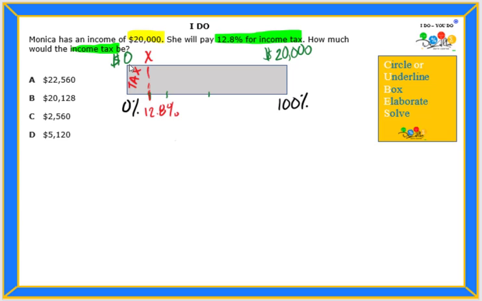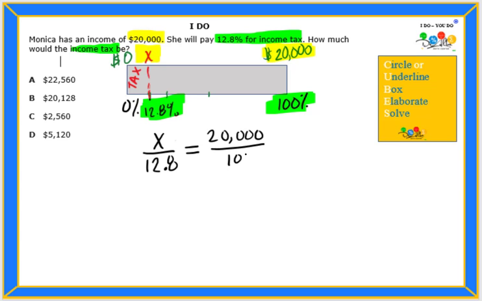So now we're actually going to set up our proportion, and we are going to calculate the percentage. So I am going to use $20,000 represents 100%. So how many dollars would represent 12.8%? So I can set up that proportion using these numbers right here. I have x over 12.8 is equivalent to, on this side, I have 20,000 over 100.